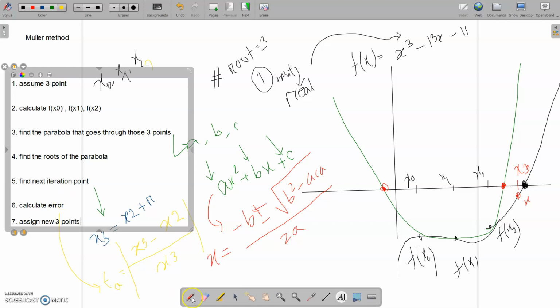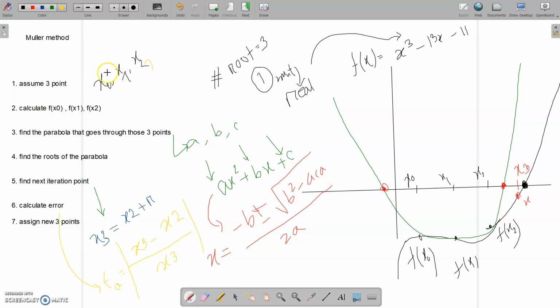So what I'm going to do now is simply forget about the first one. I will remove this one, and I will take this one and this one. So my new 3 points are x1, x2, and x3. Okay, so these are my new points.